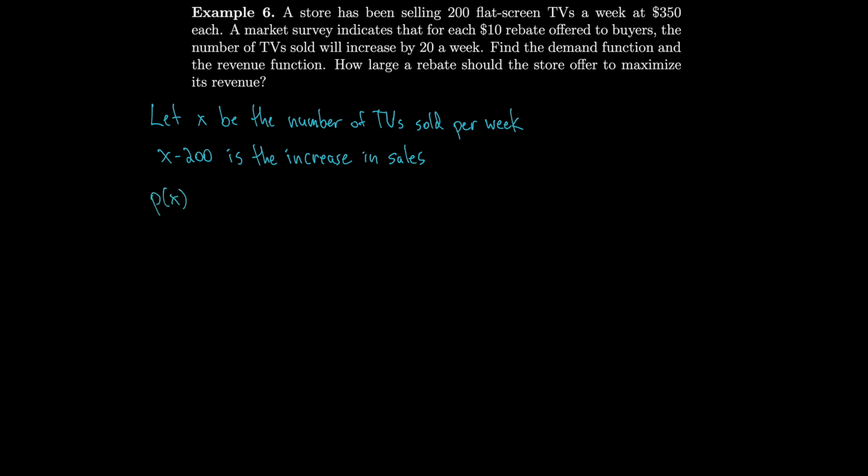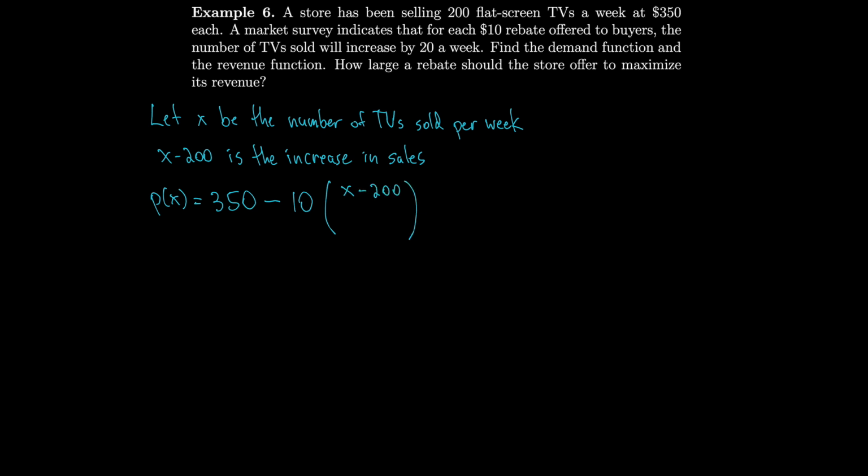So for P of X, the price per unit is 350. But then the price per unit gets discounted by $10 because of the $10 rebate. And the $10 rebate applies to all of the additional units, so all of the X minus 200.